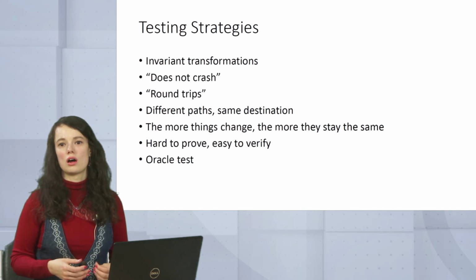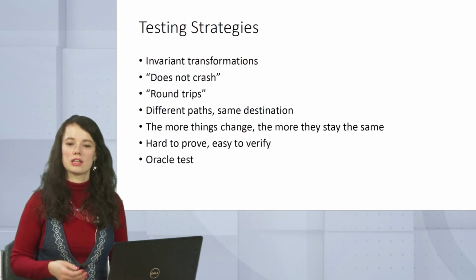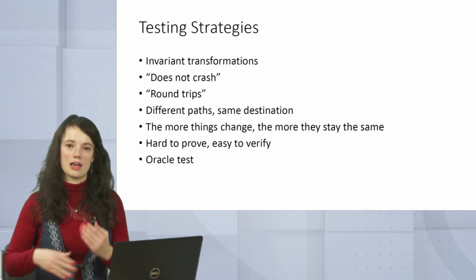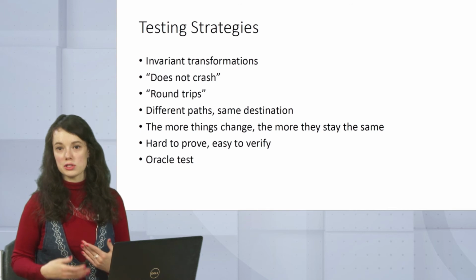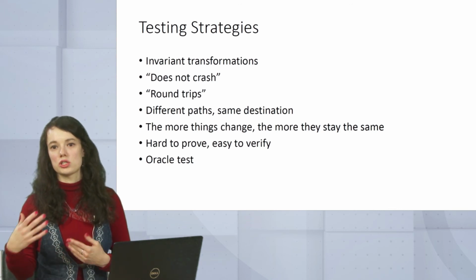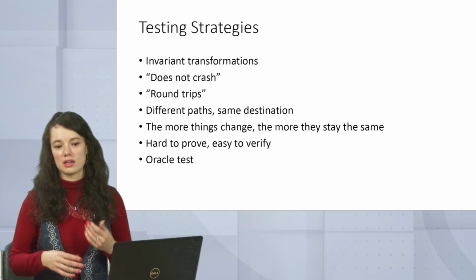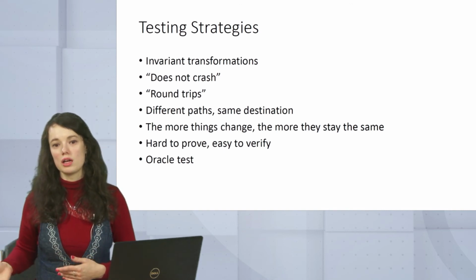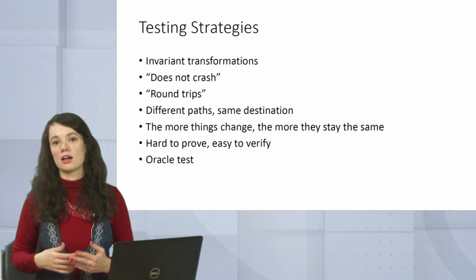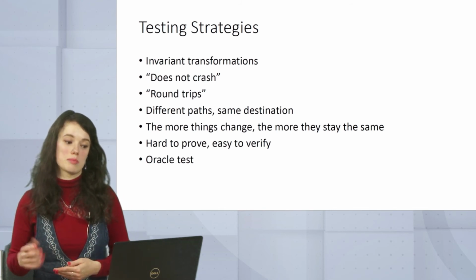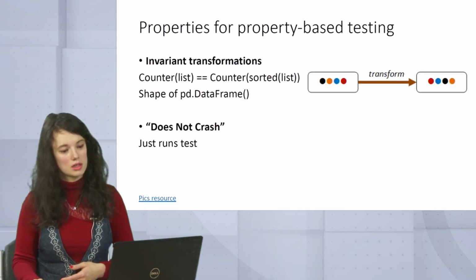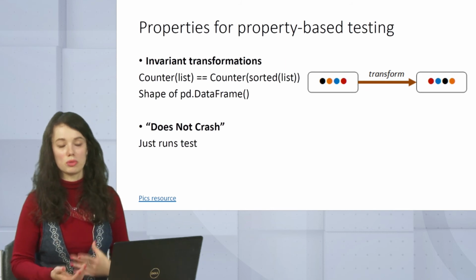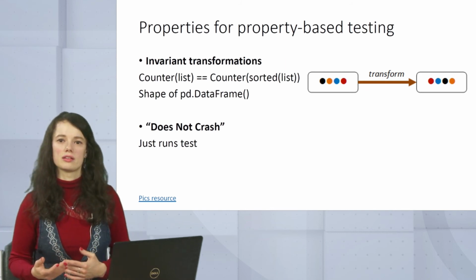Hypothesis works first by searching for an example which makes your test fail, and then on the other stage it tries to make this example as short as possible. And by providing you the shortest failing example, it helps you to find the roots of this exception. So, moving on to properties in property-based testing. Property-based testing is automated testing.